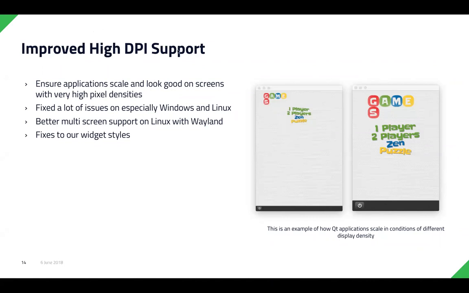So we've made a good effort in Qt 5.11 to improve on that and make sure that applications scale and look good also on screens with high pixel density. Especially on Windows and Linux, a lot of improvements have happened there. You should probably try that out if you have that.